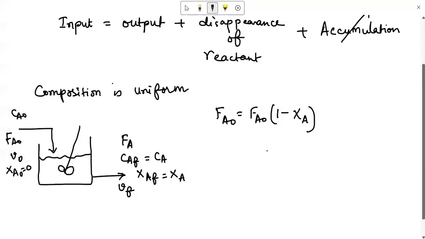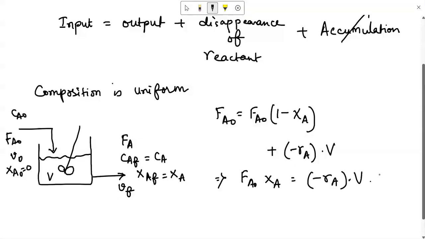Plus there is a disappearance with respect to time, so minus Ra multiplied by V. V is the total volume of the reactor, and we do not have an accumulation term. So once you break down these equations, you will get Fa0 Xa equals minus Ra multiplied by V.